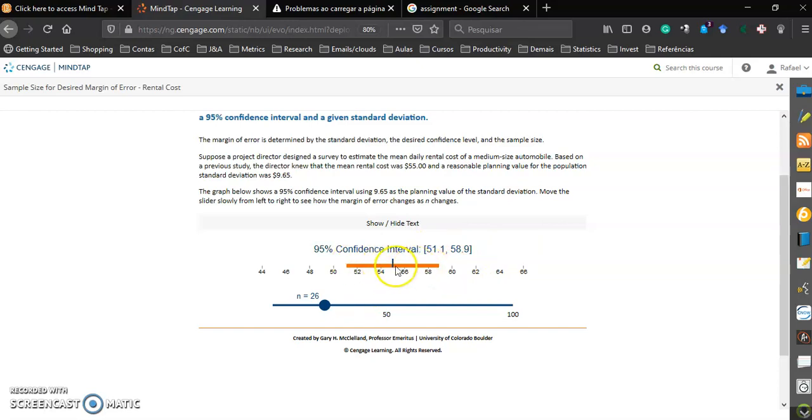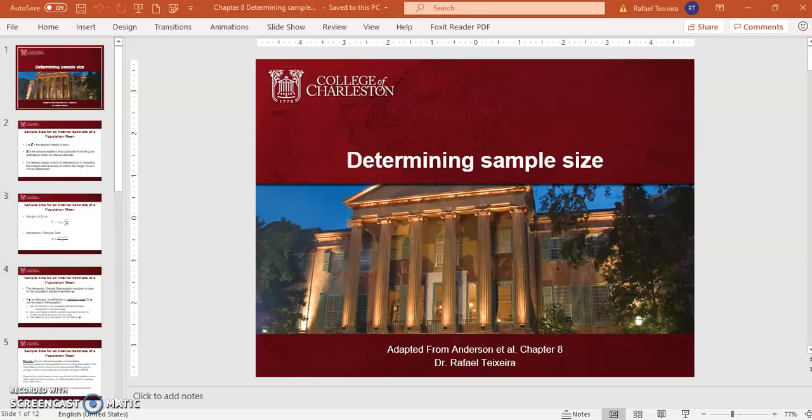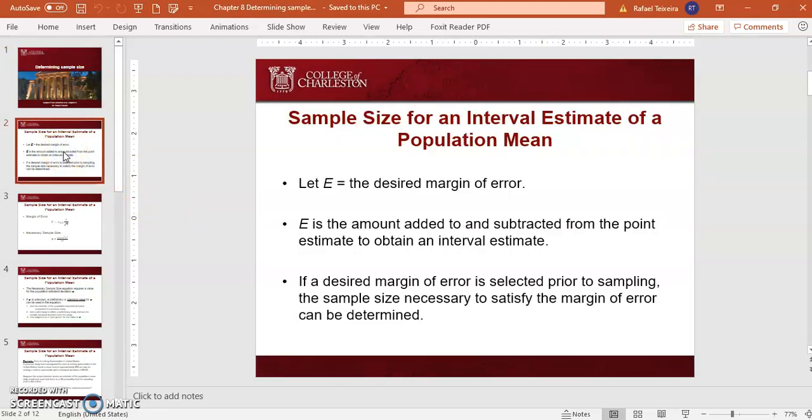So it's much less variability. You're more precise, so you can keep increasing the sample size and the interval keeps shrinking. So that's the effect of the sample size on interval estimation. That's the reason we have this set of slides to talk about that.